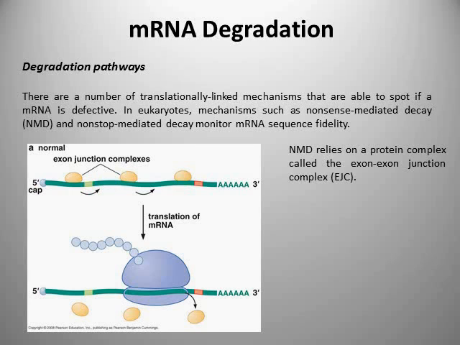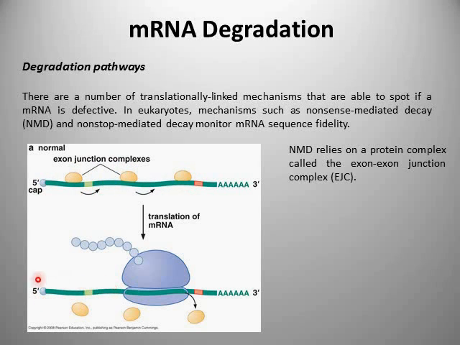For many years people thought that the exon junction complex was important in nuclear export. We now know that isn't the case, but it does seem to be important in regulation of translation. So how does it work? Let's first consider what's going on here. These exon junction complexes are present on a newly exported mRNA.